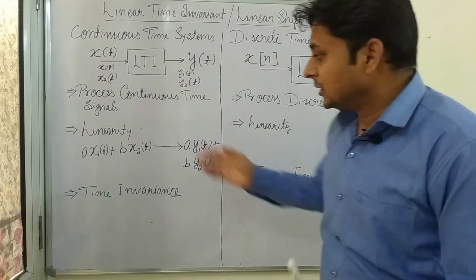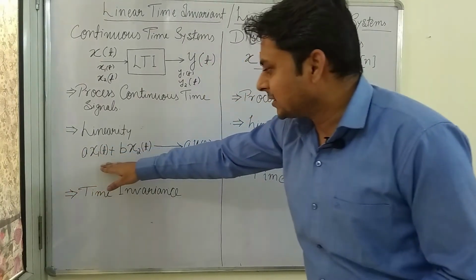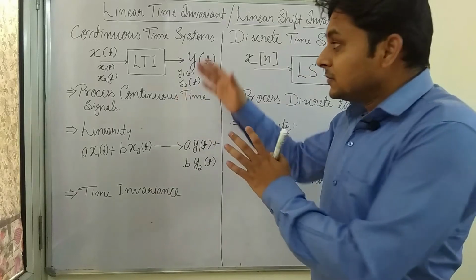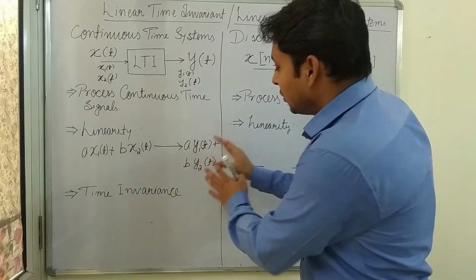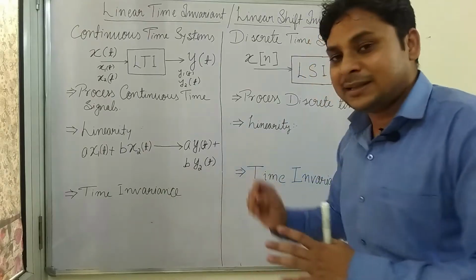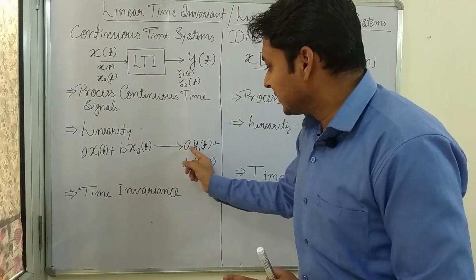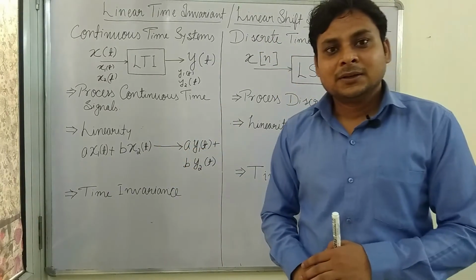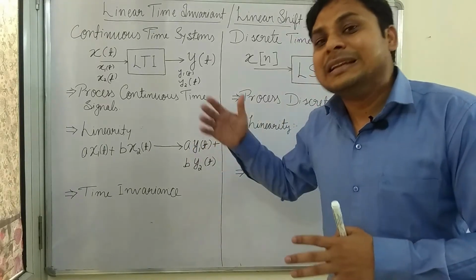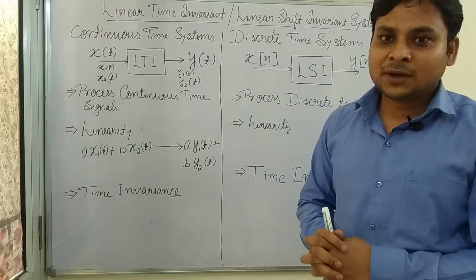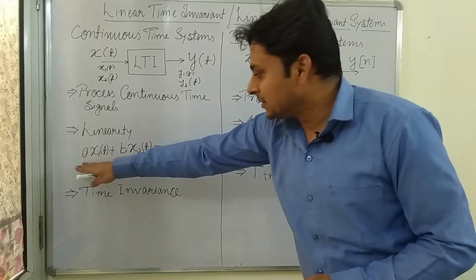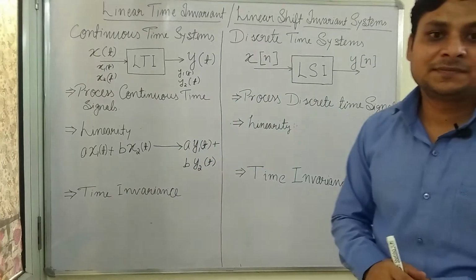Now if I put an input a x1(t) plus b x2(t), this system will give an output a y1(t) plus b y2(t). Means the constants have come out. What property is it showing? It is showing the linearity property. So this system is known as linear because it satisfies this condition.